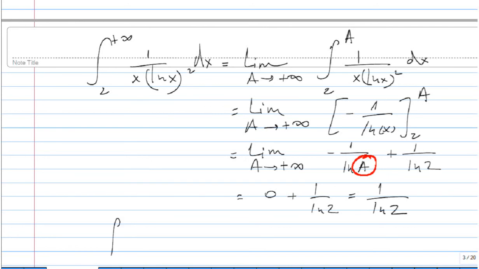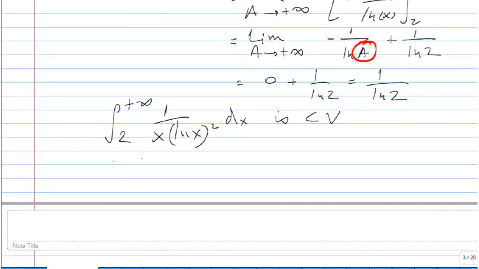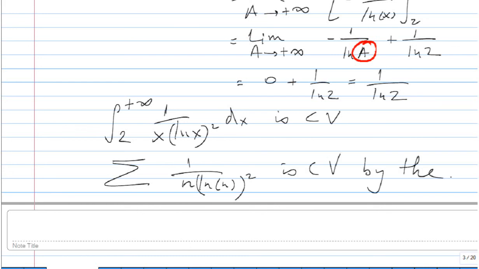Therefore, this improper integral, from 2 to plus infinity of 1 over x (ln x)^2 dx, is convergent. And by the integral test, we know now that the sum of 1 over n (ln n)^2 is convergent by the integral test.